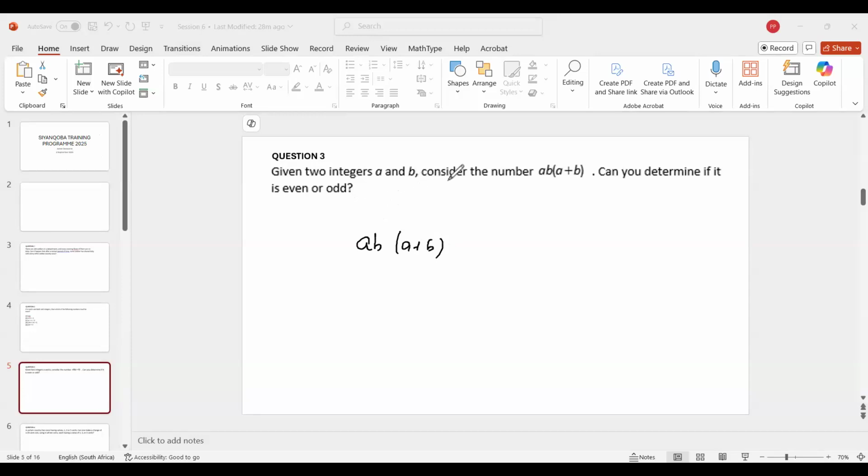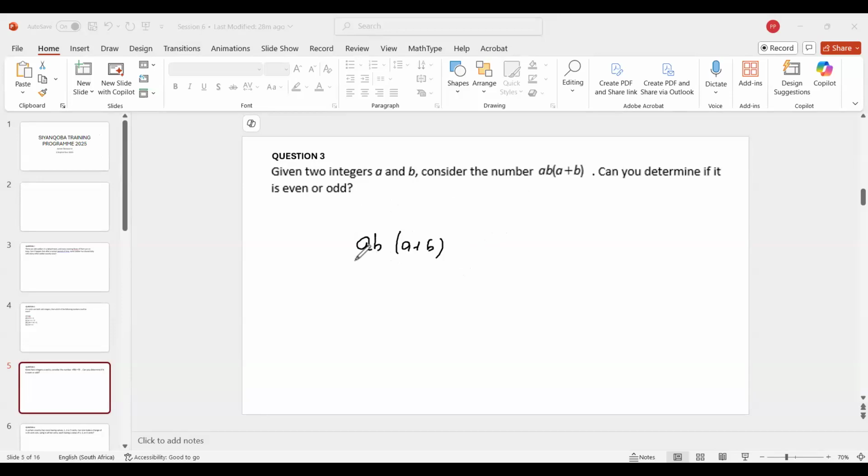Now, can you determine whether it's even or odd? We're not told whether a is odd or b is odd or anything. We're not given that information. And the question is, can we decide on this number without knowing anything else? Can you decide whether it's odd or even?